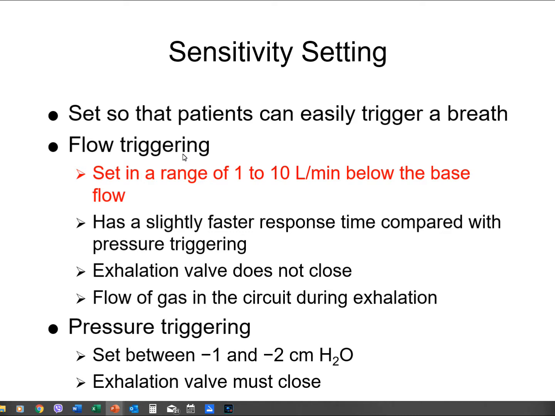But just remember, for flow triggering, you set it at 1 to 10 liters per minute below the base flow. If you're talking about pressure triggering, you want to set it between -1 and -2 centimeters of water pressure, because it decreases their work of breathing. It's so much easier for them to trigger that breath rather than having them really fight for it and increasing that work of breathing. That's not what we as respiratory therapists do.